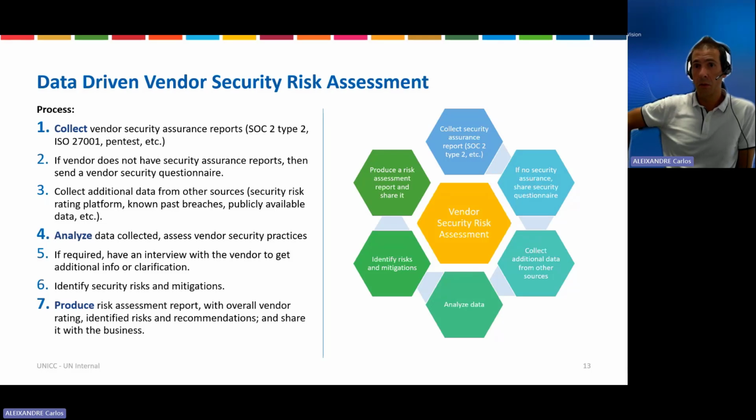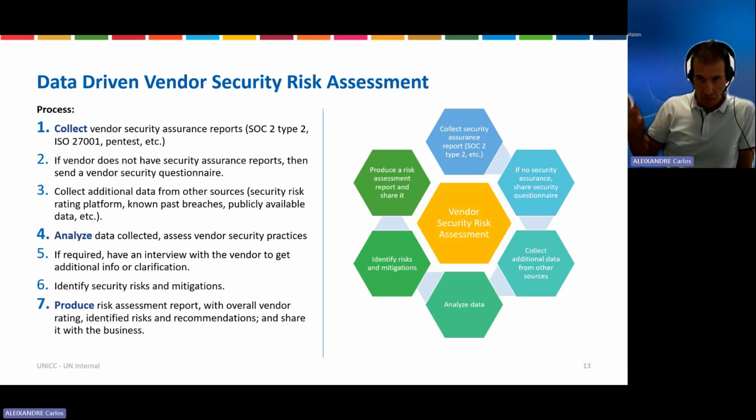So if we are subscribed to a security risk rating platform, we can also take insights from that platform. We also need to, and this is key, know if there has been any recent past security breach on this vendor, and if that's the case, if the incident was properly addressed at root cause, and also take any other relevant data that is publicly available, right?